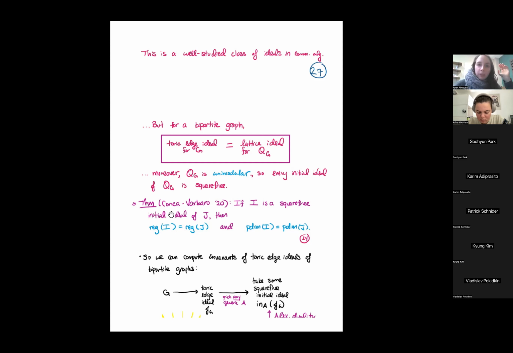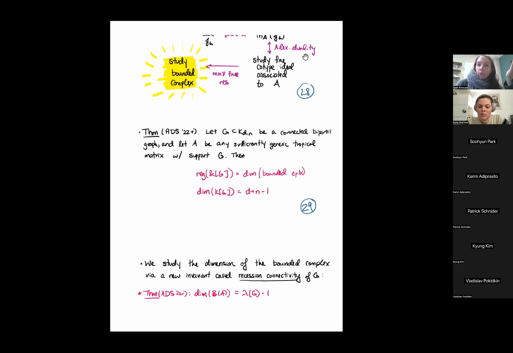And so here's, of course, my schematic got split into 2 pages, but here's kind of the story. We're given a graph G, and we want to understand its toric edge ideal. Well, we can pick any sufficiently generic tropical matrix, and that's going to correspond to some arrangement. That is also going to correspond to some initial ideal of your toric edge ideal, right?